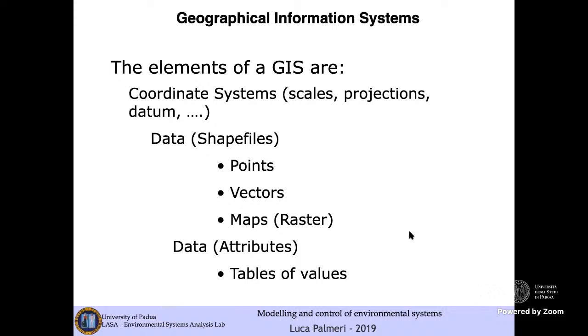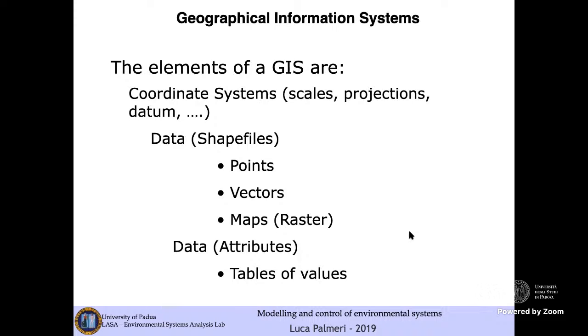The elements of these systems are coordinate systems, that are made up of scales, projections, datum. Coordinate system is a way of describing or identifying different portions of a territory.